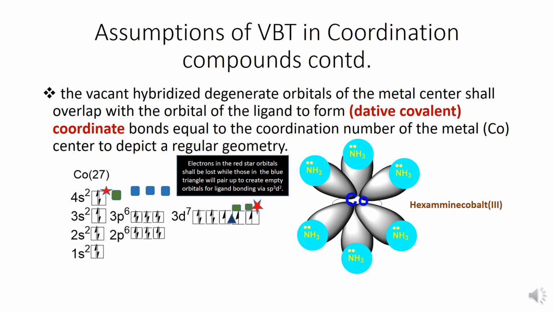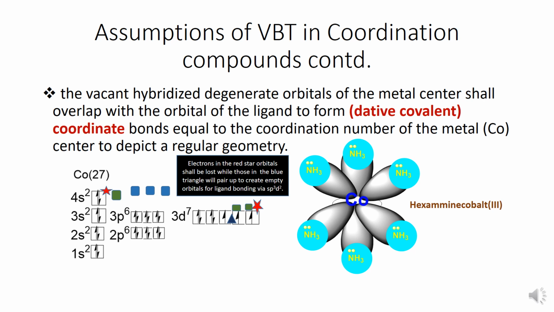So at this instant, we're going to have ammonia bonding to cobalt 3 plus through the 4s empty and 2 of the 3d empty and 3 of the originally not occupied orbitals. The three blue orbitals shown up here were not occupied at all. All the electrons ended up in the 3d7.